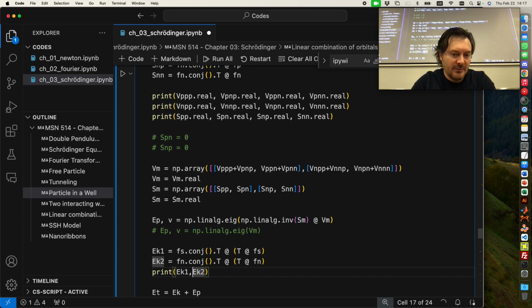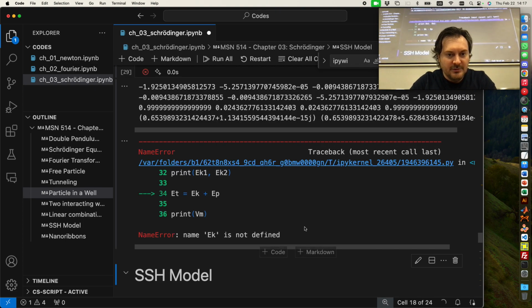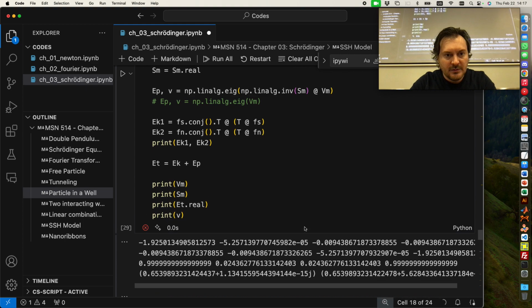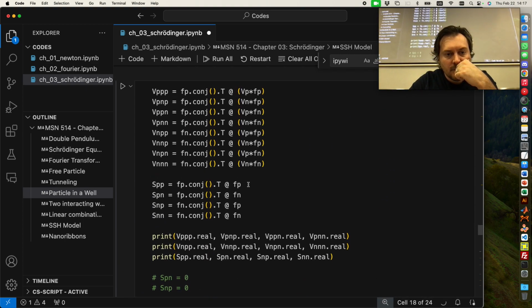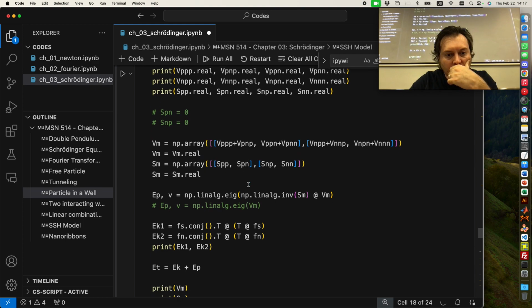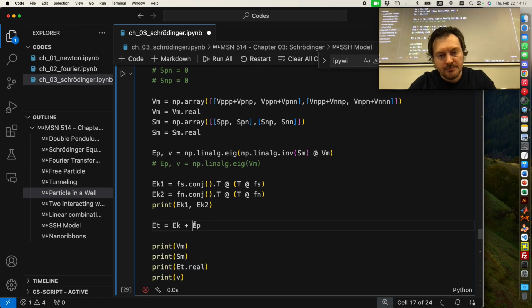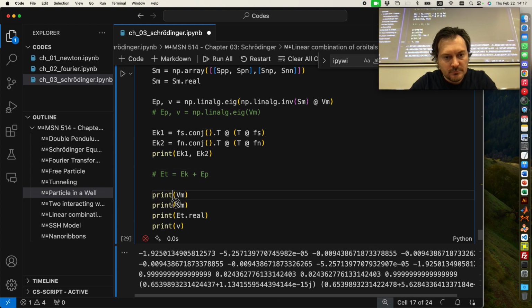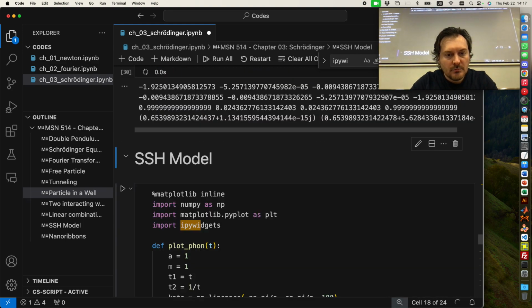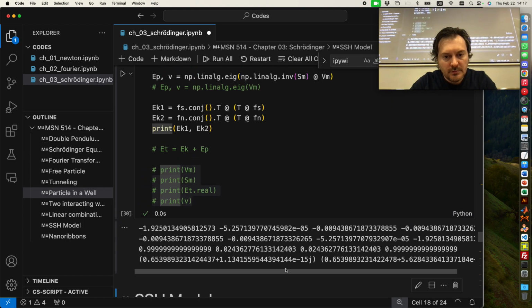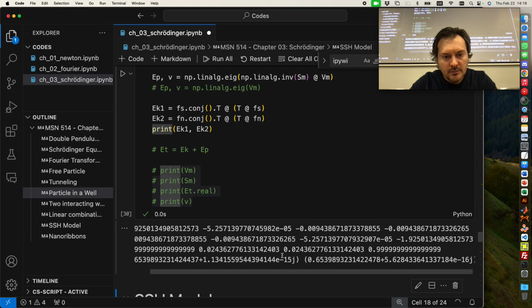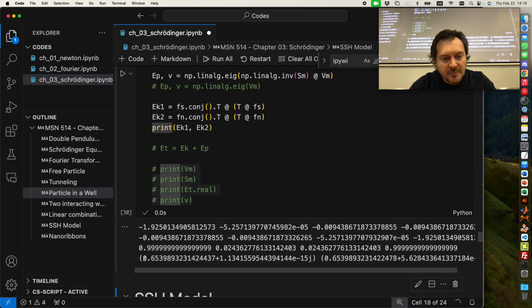I haven't done this, so if it's wrong, ek is not defined. Okay. Did it print? Oh yeah. It's actually printed here with complex values.